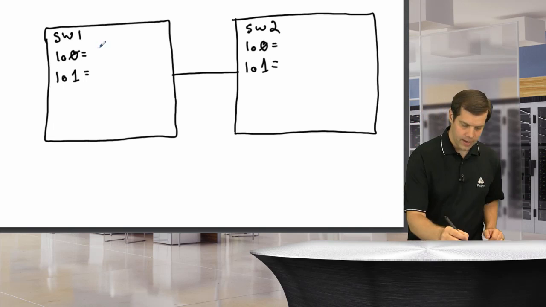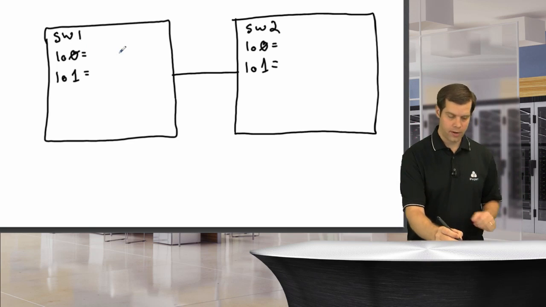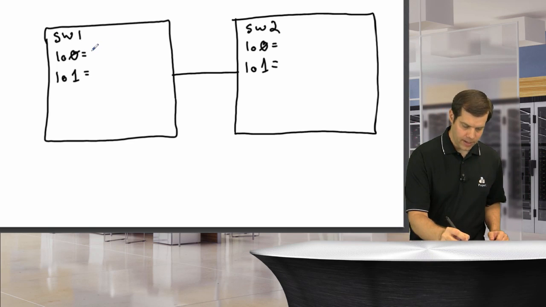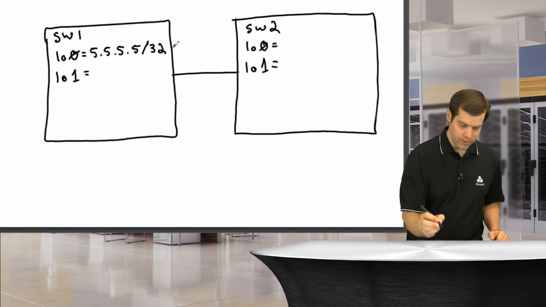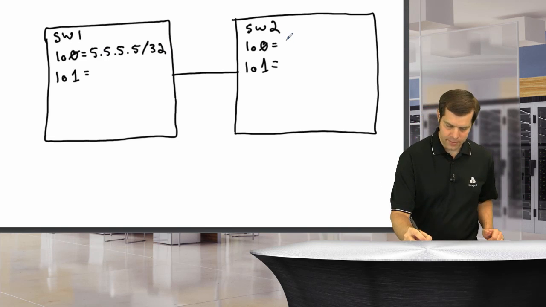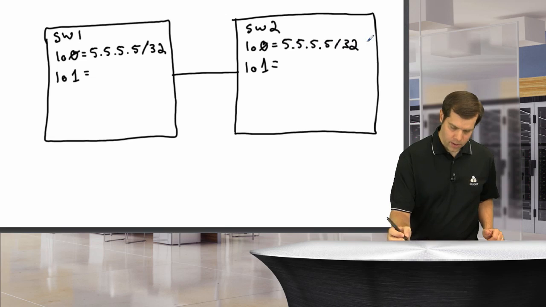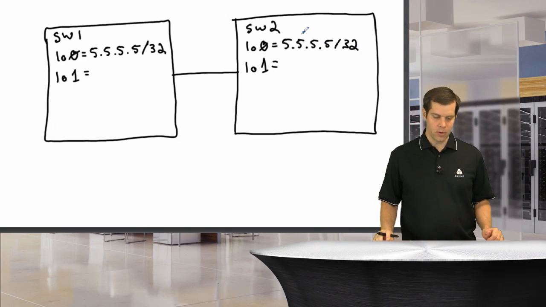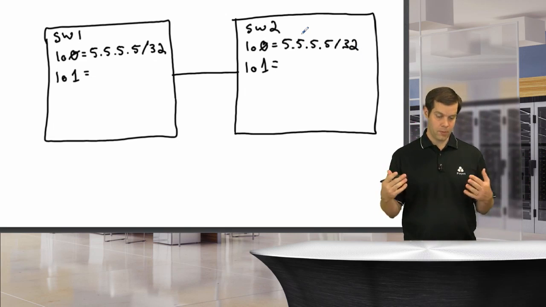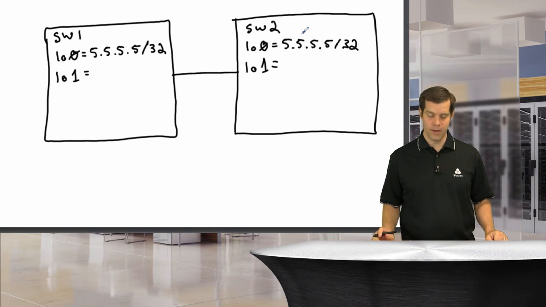And so we'll just say that our loopback 0 will be the shared IP address, and we'll make it 5.5.5.5/32, a classic loopback subnet mask there. And then we would advertise this into our routing protocol. And that way, people can talk to 5.5.5.5.